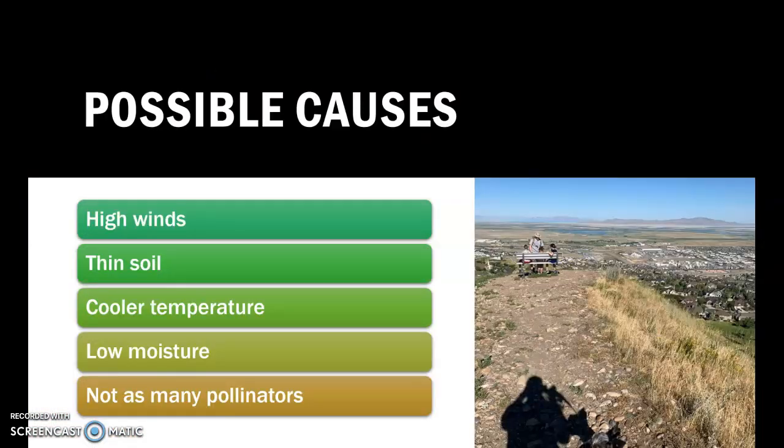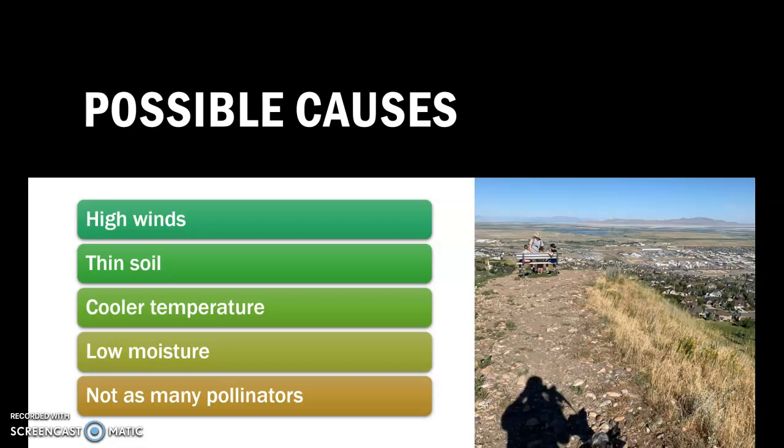Some possible causes for the difference in growth at the two different elevations: at the top of the trail, which you can see in the photograph here, there's high winds, the soil is very thin and rocky. There's definitely cooler temperatures up at the top of the trail, especially as it gets into fall and winter time.